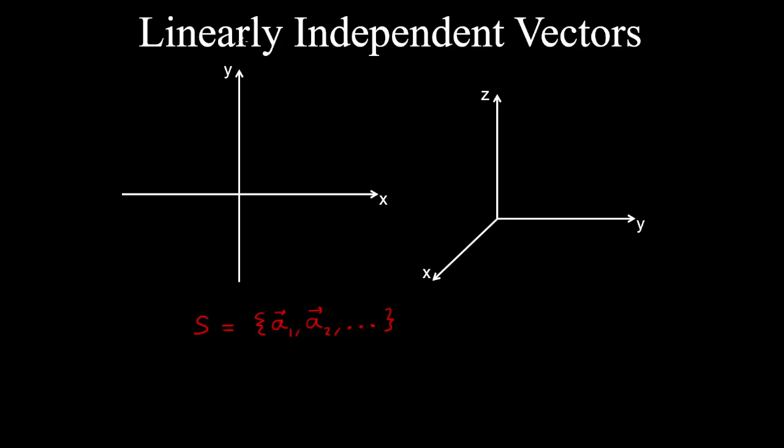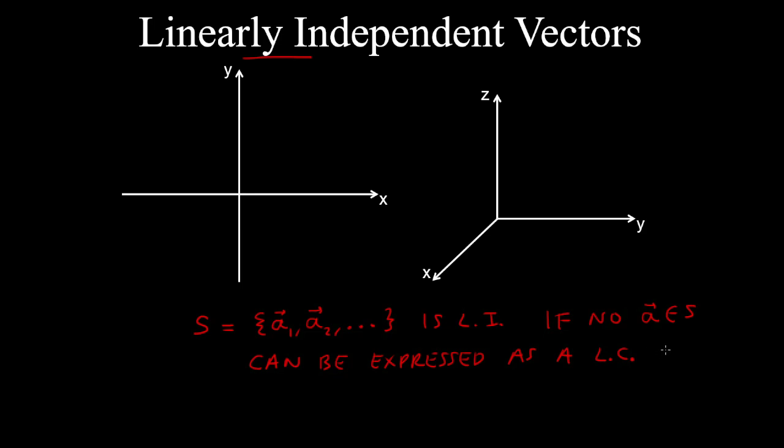This set is linearly independent if no vector in S can be expressed as a linear combination of the other vectors in S.